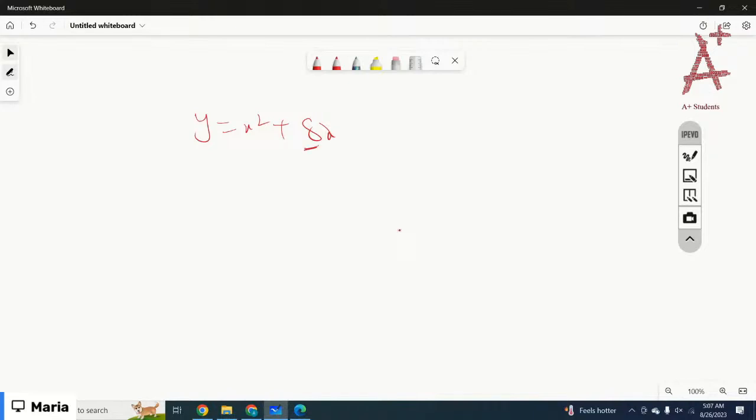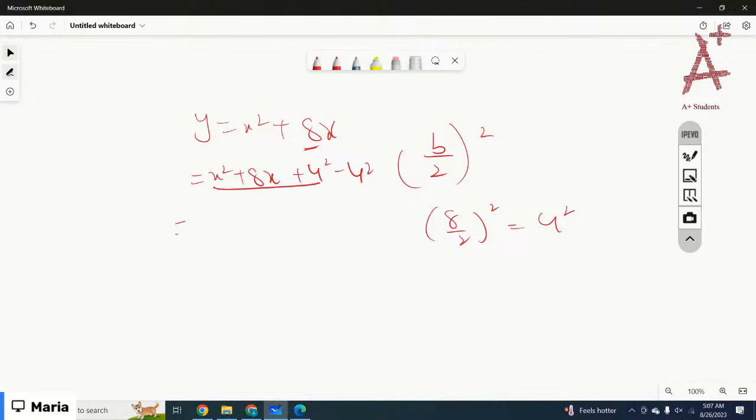So this is b. Whenever you have to complete the square, you have to add b by 2 square, right? 8 over 2 is 4, so you have to add 4 square. So it would be x square plus 8x plus 4 square minus 4 square, right? So this one makes x plus 4 whole square and minus 16, right?